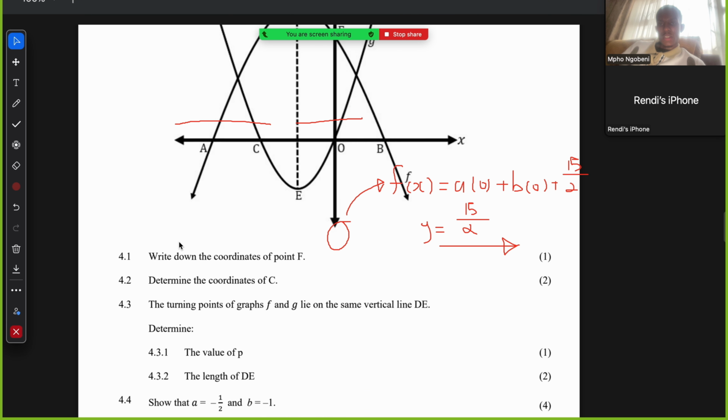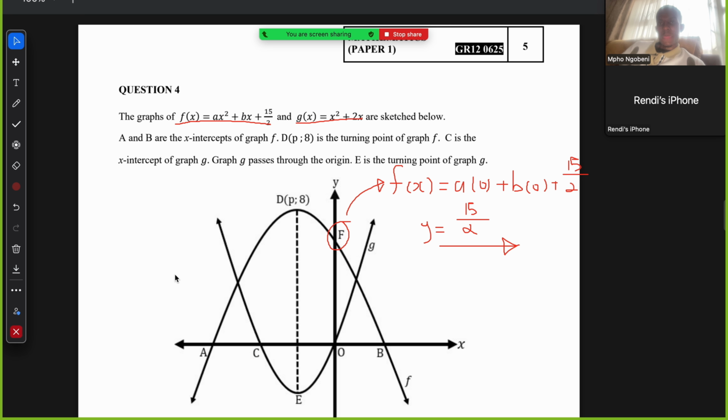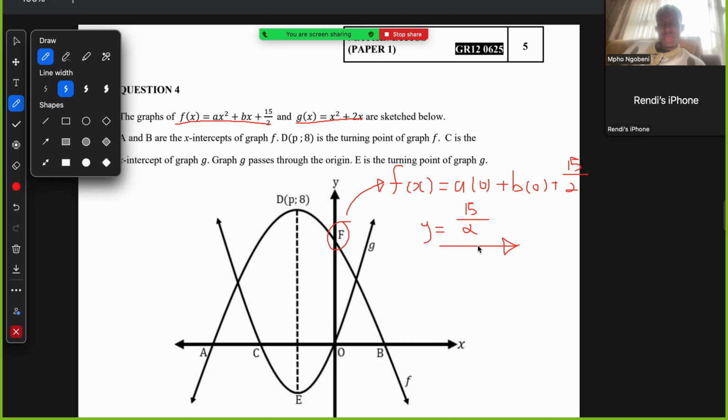The next question, determine the coordinates of C. Since that one is 1 mark, do you also have to show your working out, or can you just put the coordinates?